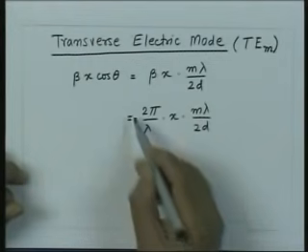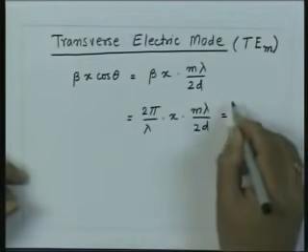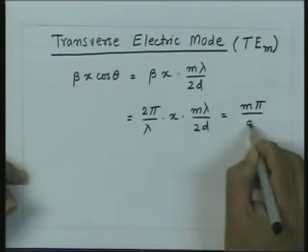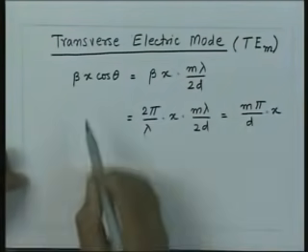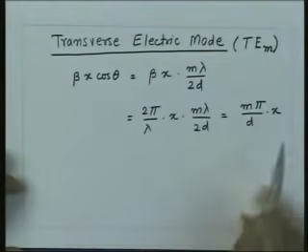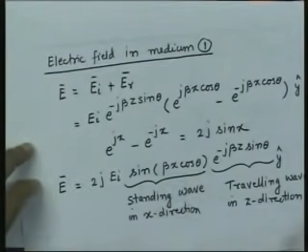So, lambda will cancel, 2 will cancel. So, this quantity will essentially become m pi by d into x. So, I have got this beta x cos theta, which is m pi by d into x. So, in these field expressions I can replace this quantity by m pi x by d.